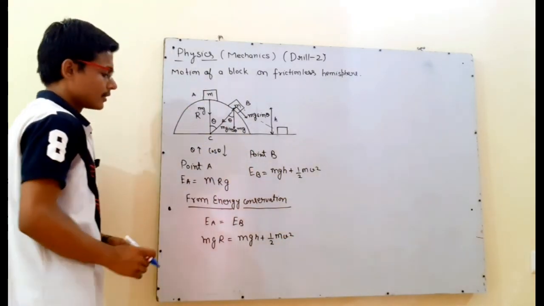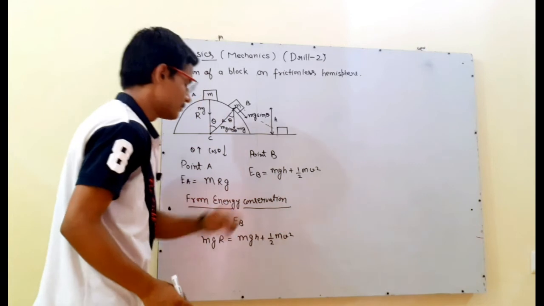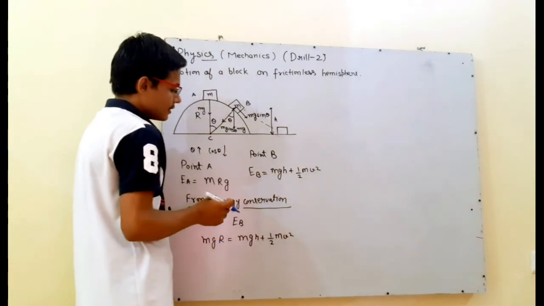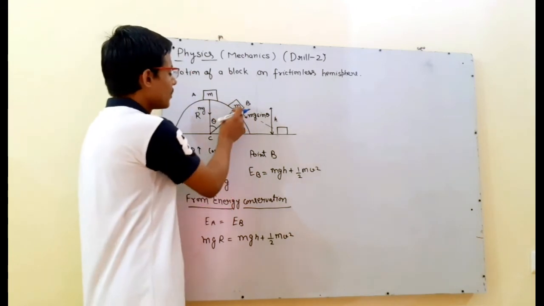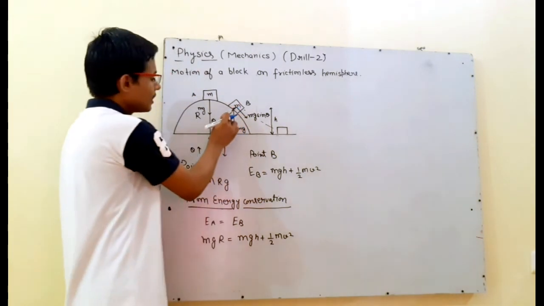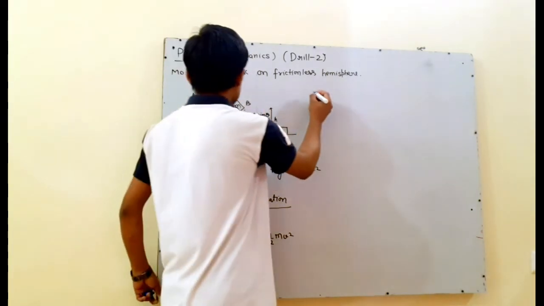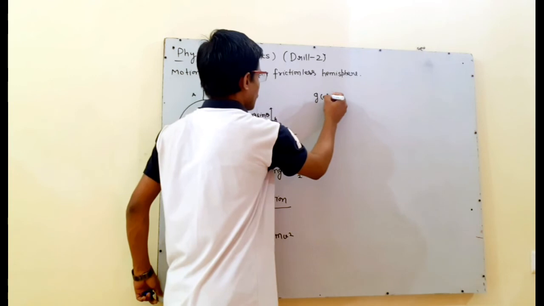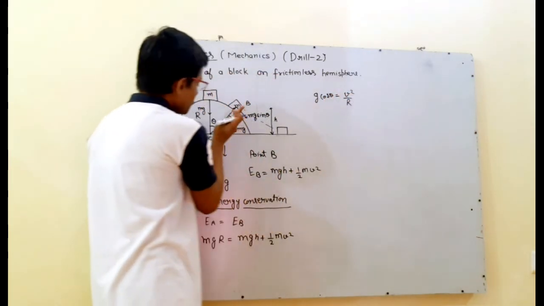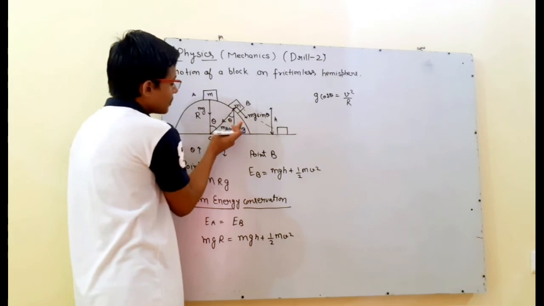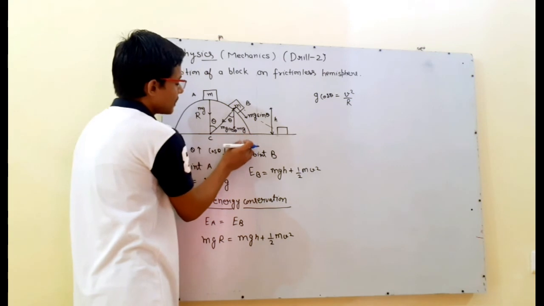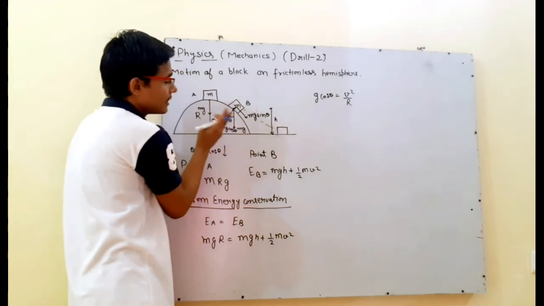Now I will find the value of v square. What is v square? It is the velocity of this block performing circular motion. So the centripetal acceleration of this block, g cos theta, is equal to v square by r, because only the component mg cos theta of your downward mg force will act as the centripetal force.